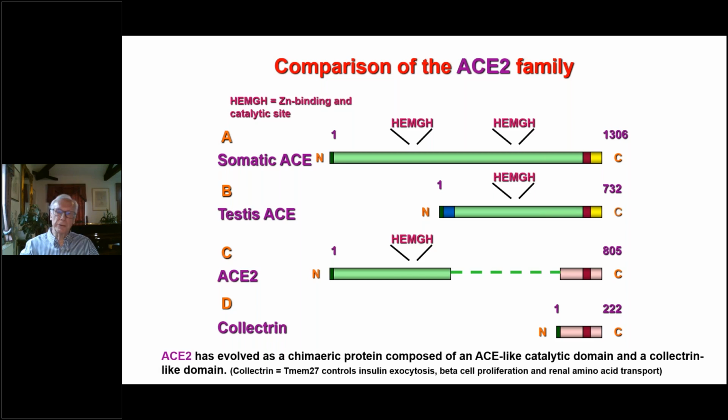However, ACE2 closely resembles the N-terminal domain of somatic ACE, but the C-terminal domain is completely different. It resembles another protein, quite separately, not a peptidase, known as collectrin, which plays a role, amongst other things, in amino acid transport. And you'll hear more about that later.